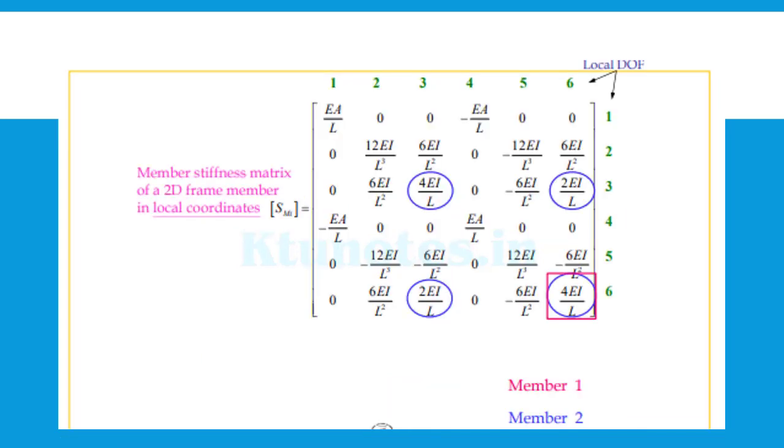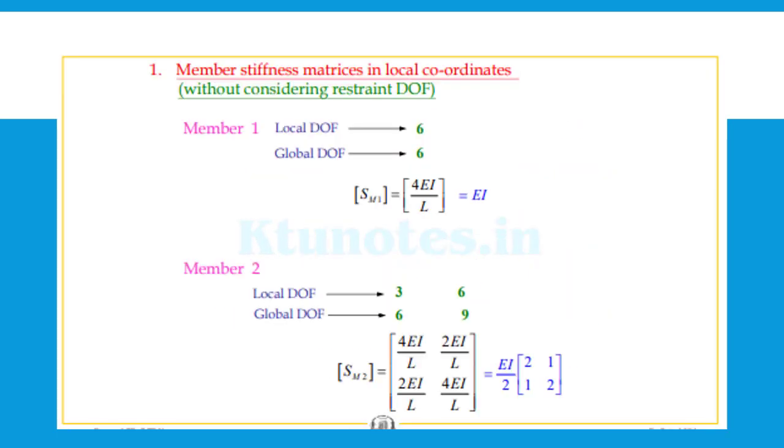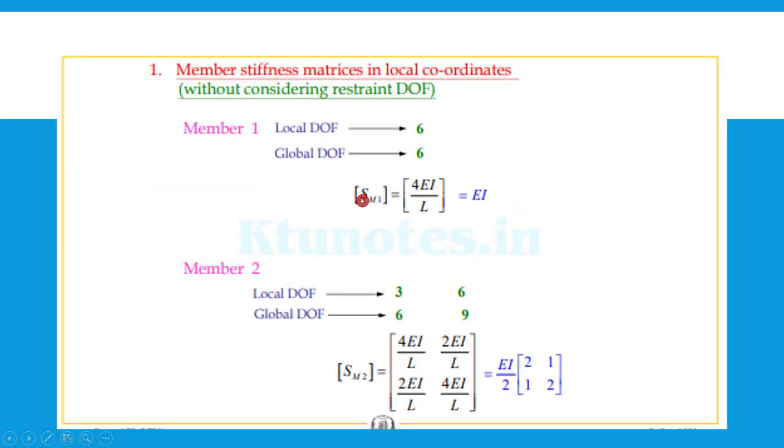Hence the corresponding value will be the last one, EA by L, the element stiffness matrix for member 1.